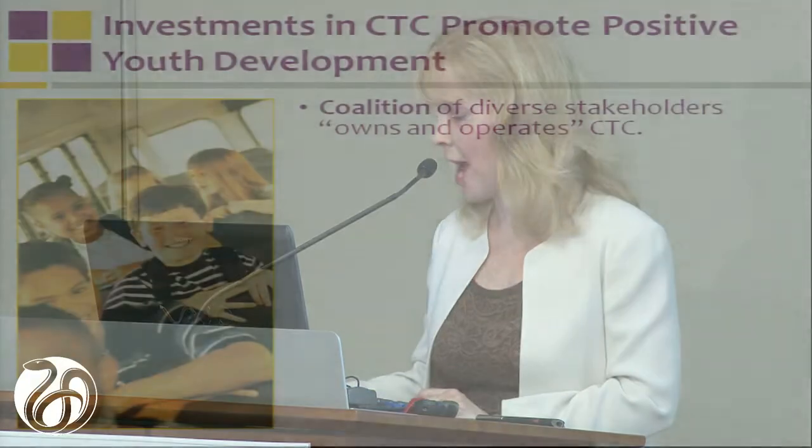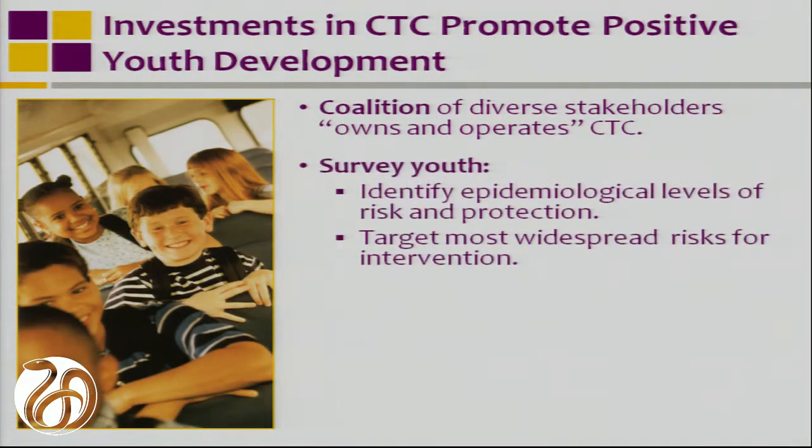So a number of different investments were made to achieve those outcomes. First, I want to say that coalitions of diverse stakeholders, mayors, police chiefs, teachers, parents, own and actually carry out prevention efforts in our CTC communities after they're trained. One of their first tasks is to survey youth at an epidemiological level to understand where risk factors are elevated and where protective factors are depressed, again, in youth community-wide.